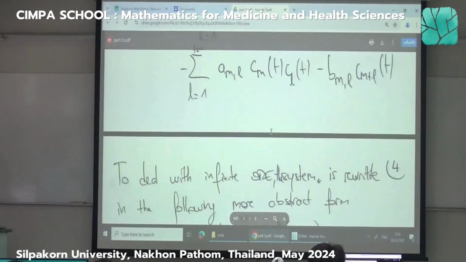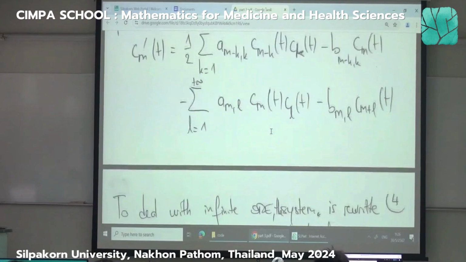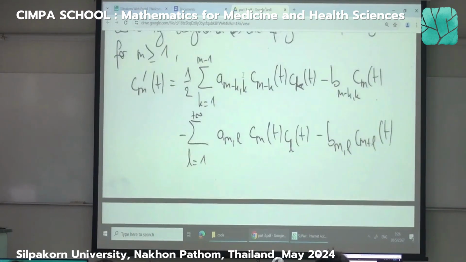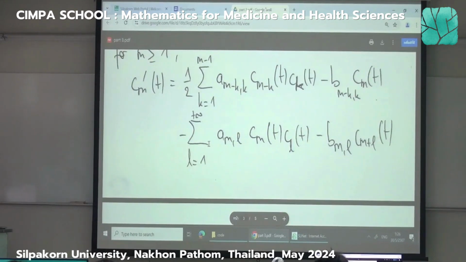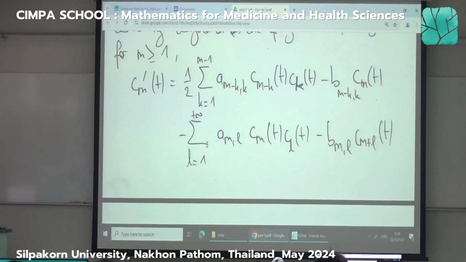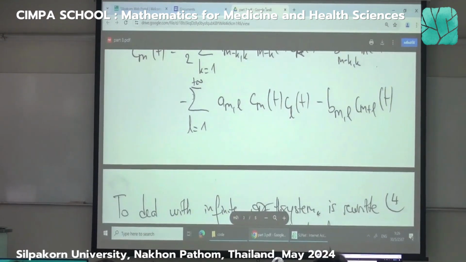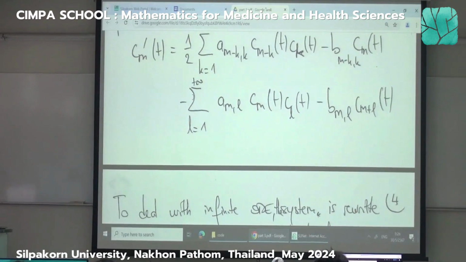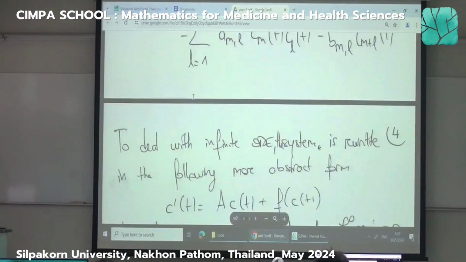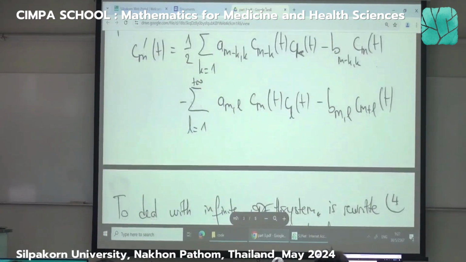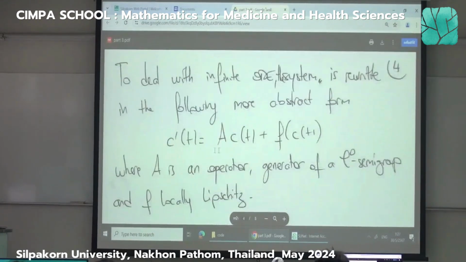Okay, so I will not insist a lot on how you deal with this kind of differential equation, but mainly the trick is to rewrite it. So the thing is to rewrite all this equation as a system of this form.